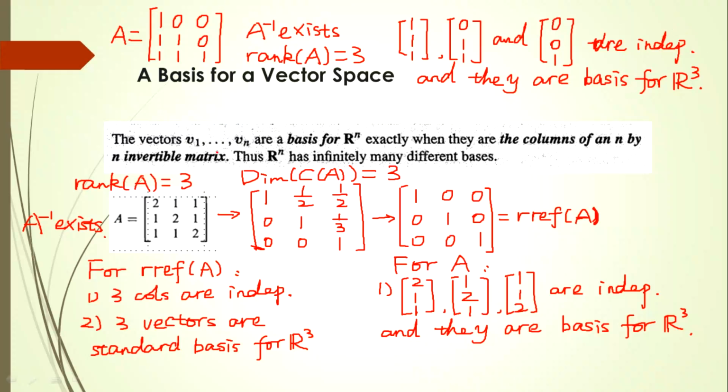That is what this statement means: the vectors v1, v2 until vn are a basis for Rn exactly when they are the columns of an n by n invertible matrix, which means those n columns are independent and they can span the full Rn. So they are called a basis for Rn.